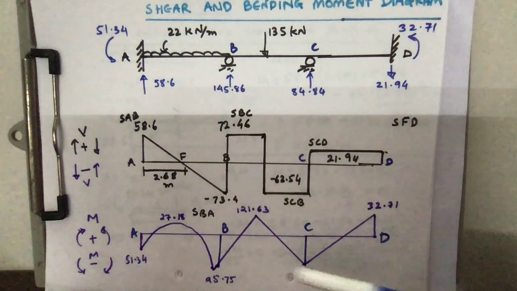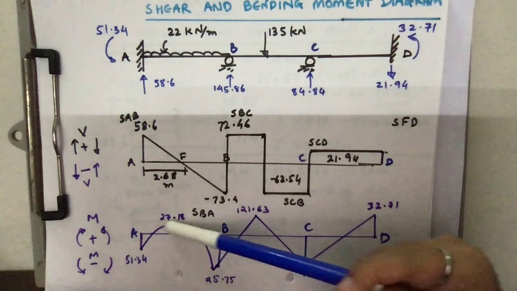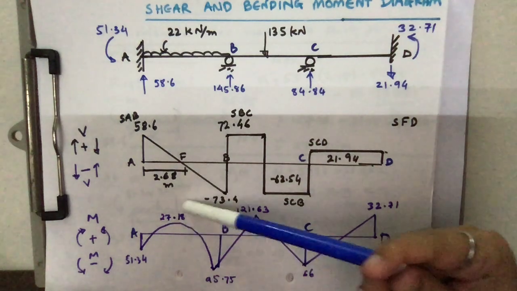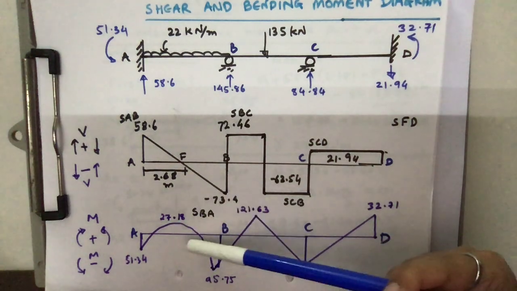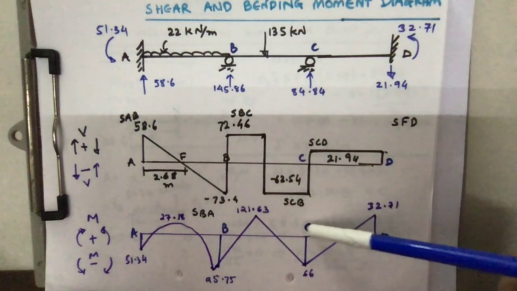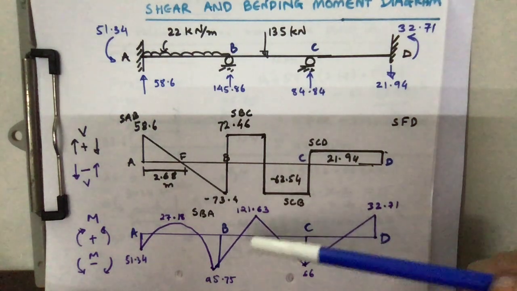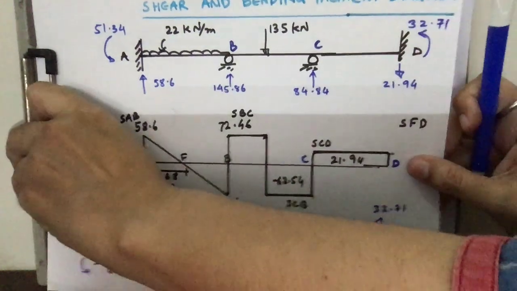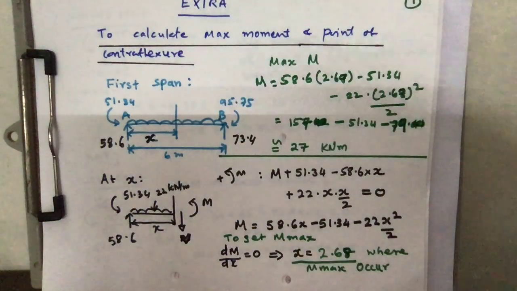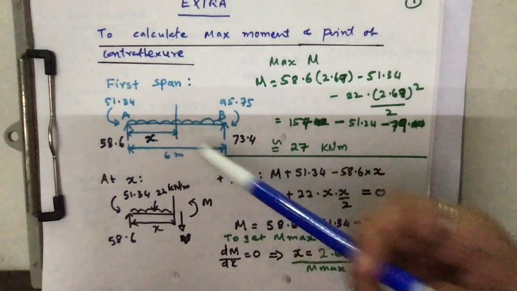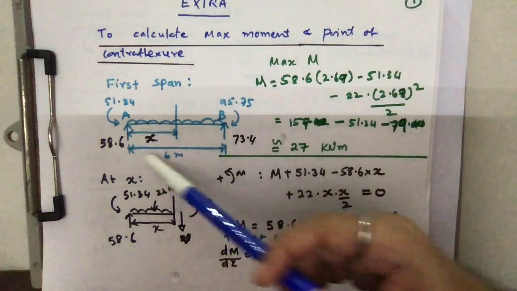Now how to obtain the maximum bending moment, where the maximum bending moment will occur, and the point of contraflexure where the bending moment changes its sign. That can be determined easily by considering the free body diagram of the first one.